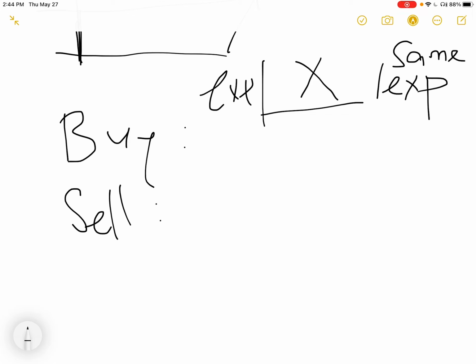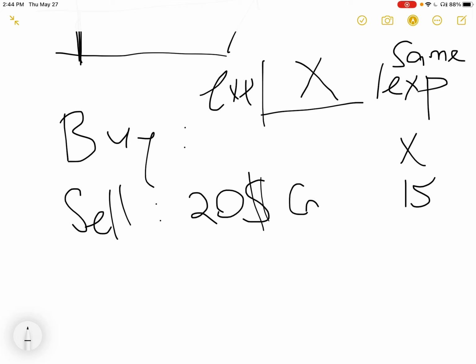If you want to do a credit spread for a call option, a call credit spread, they call it, let's say company X is at $15 today. You're going to sell a $20 call option.